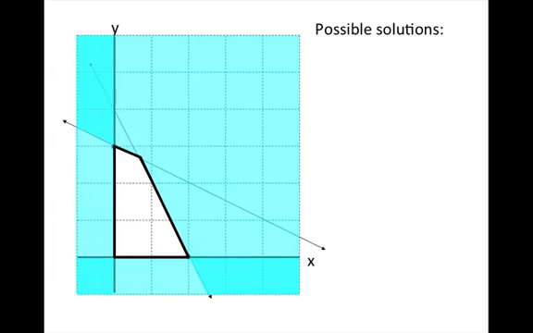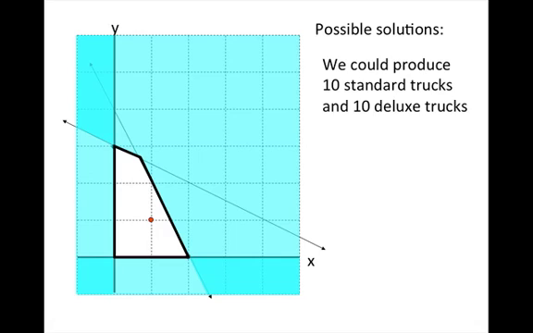And like the previous example, let's look at some possible solutions. Let's look at this point right here. If each line represents 10, that's the ordered pair 10, 10. So that means we could produce 10 standard trucks and 10 deluxe trucks.